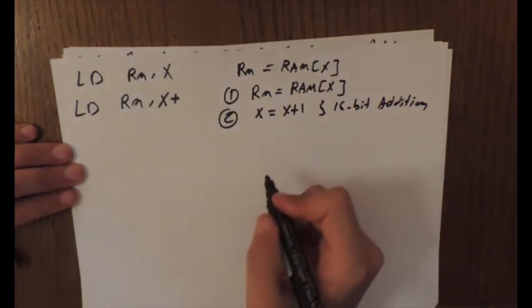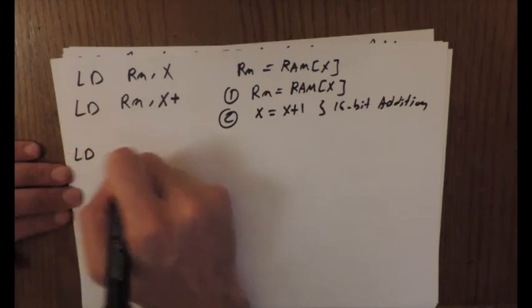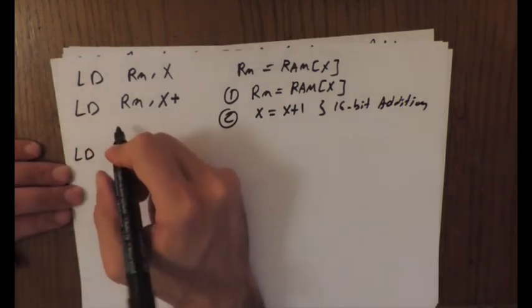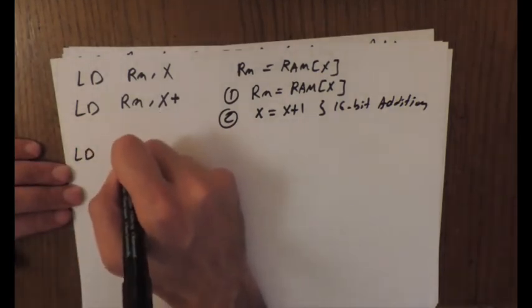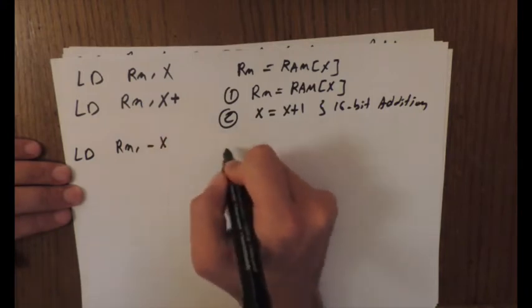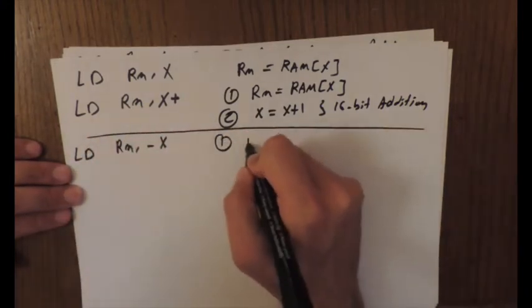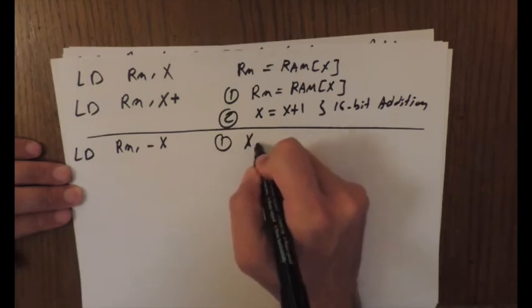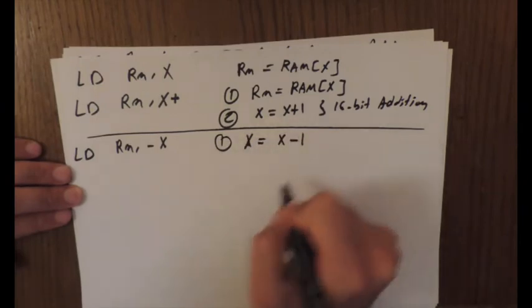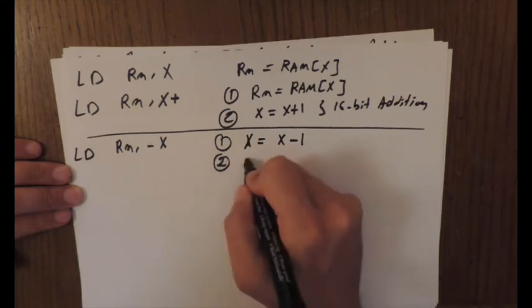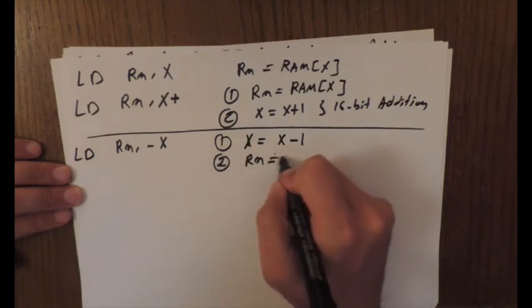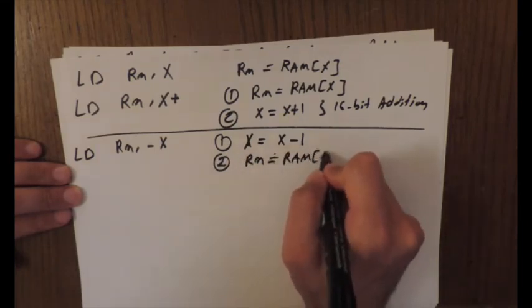Also I have a pre-decrement, while this is post-increment. So if I do something like ld rn comma minus x, let me put a line here. First it says x is equal to x minus 1, and second we have rn equal to ram of x.